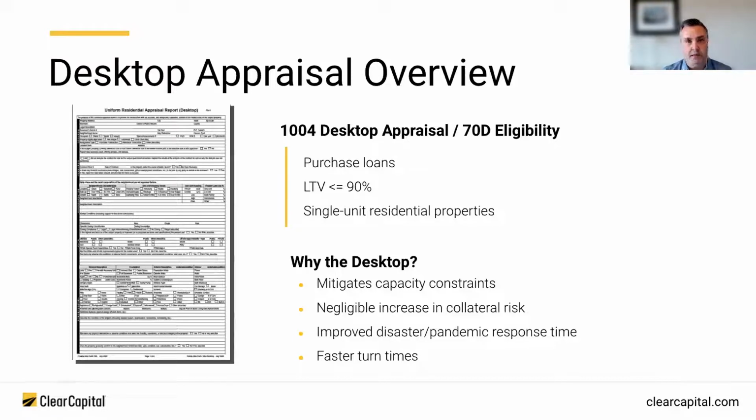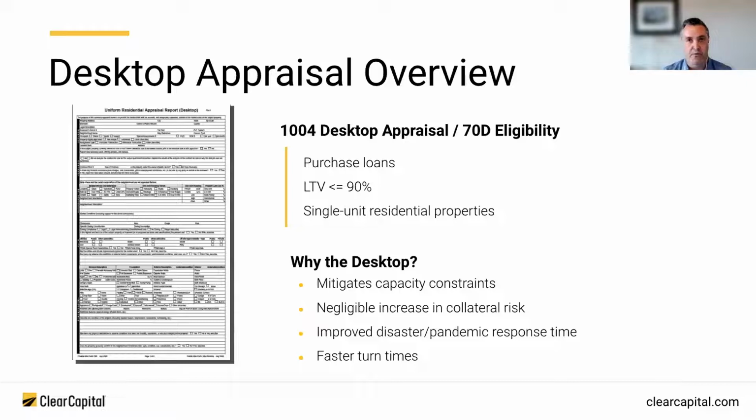One, it mitigates capacity constraints. There's been a big capacity constraint with appraisers, a supply and demand issue, over the past several years. As I mentioned before, there's minimal increase in collateral risk associated with some of these loans, like the purchase loans with low LTVs that I just talked about. It will also allow for an improved disaster or pandemic response time should anything happen again.